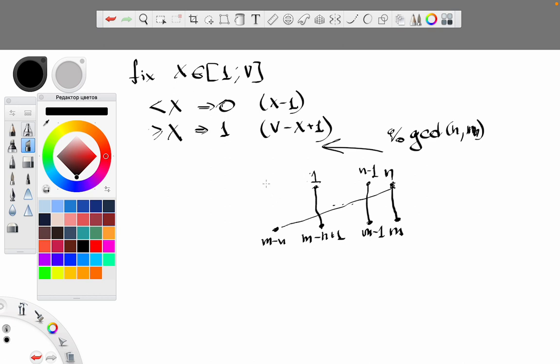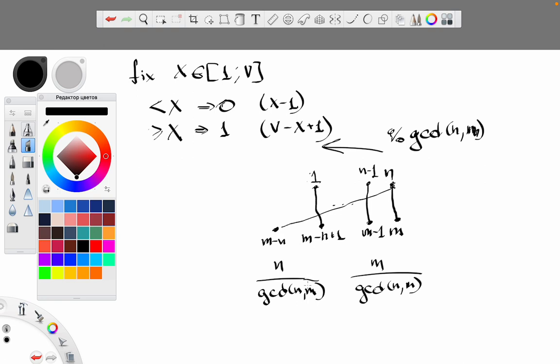So we actually have GCD(n, m) full bipartite graphs, with n divided by GCD(n, m) vertices in the first part, and m divided by GCD(n, m) vertices in the second part, and we should color them so that it's bipartite.